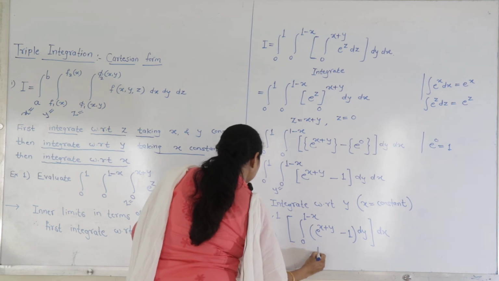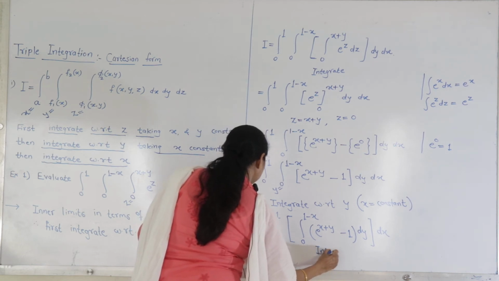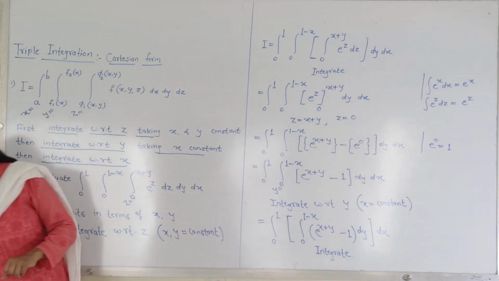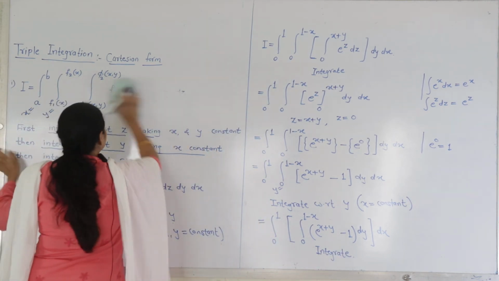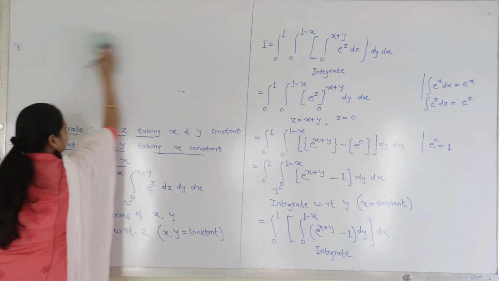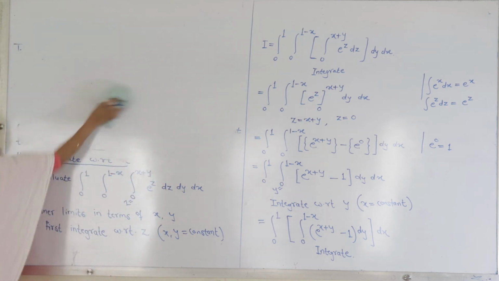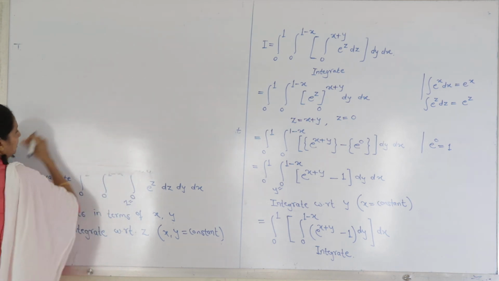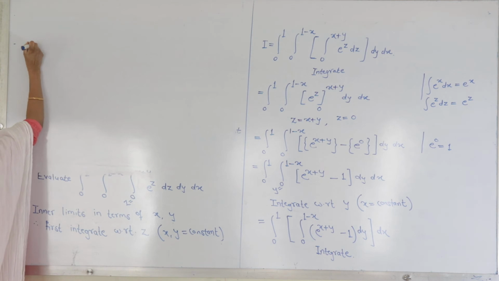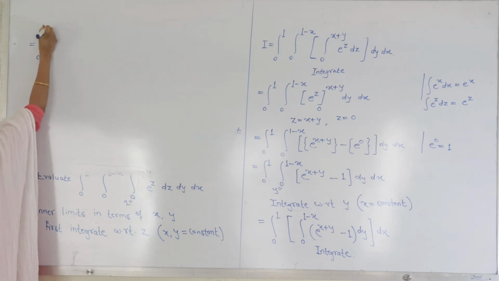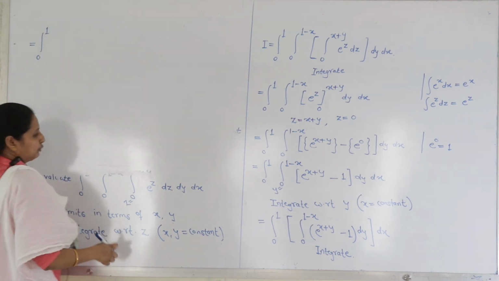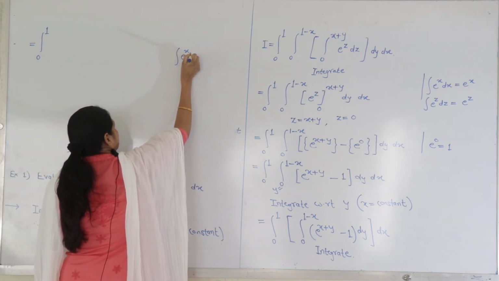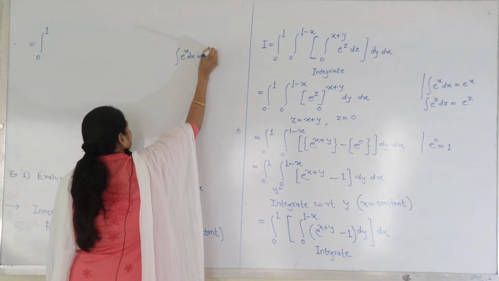Now actually integrate. 0 to 1 as it is. Integration of e raised to x plus y: for this use the same formula as e raised to x dx, which is e raised to x.